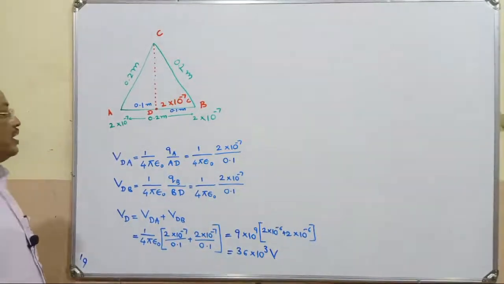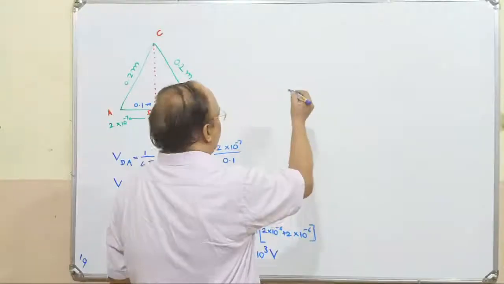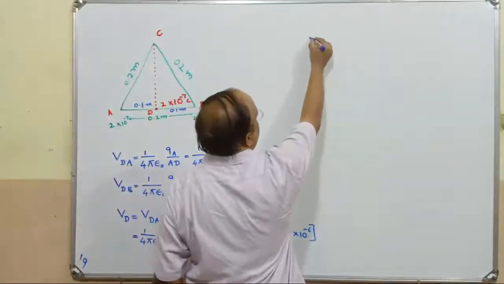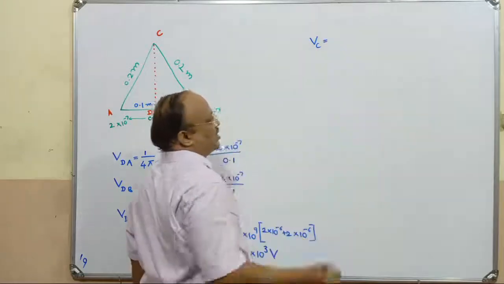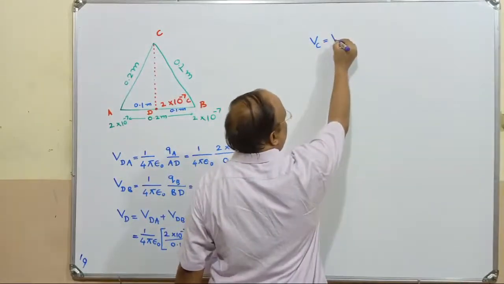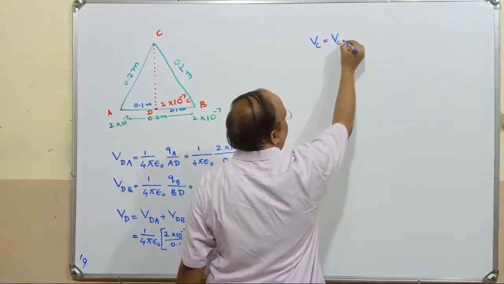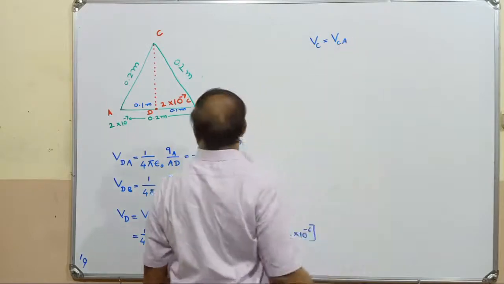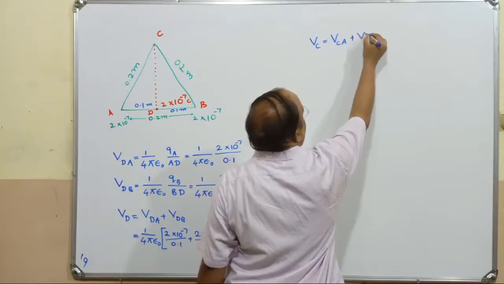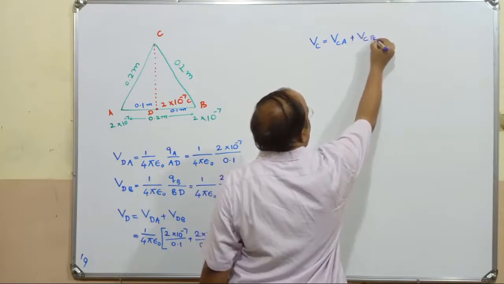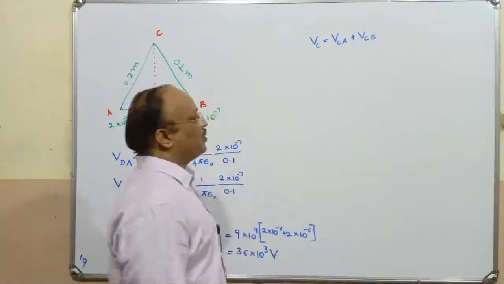Okay. Next, similarly, we will find out potential at C. Potential at C is potential at C due to A plus potential at C due to B.